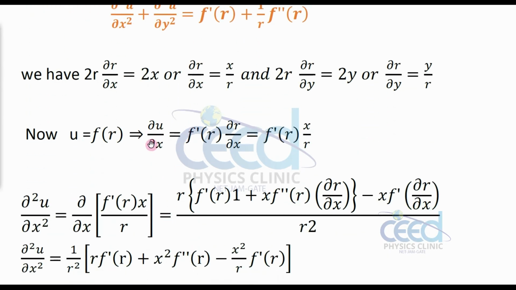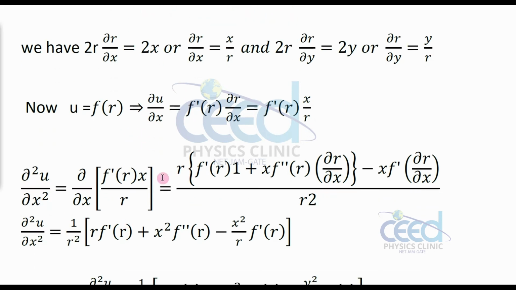Now what is ∂²u/∂x²? I have to differentiate this again, that is ∂/∂x of f'(r) x divided by r. To find ∂²u/∂x², I substitute using the quotient rule: the denominator into the derivative of the numerator, minus the numerator into the derivative of the denominator.